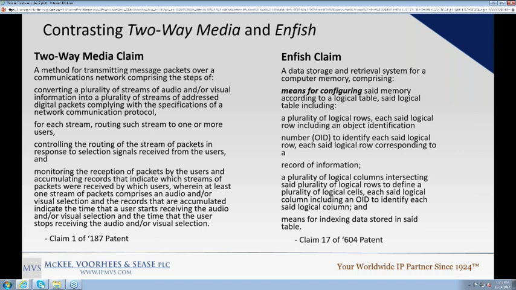We just looked at the two-way media claim where we had the converting the streams, routing the streams, controlling the routing of the streams of packets in response to selection signals, and then monitoring the reception of packets by the users, right?